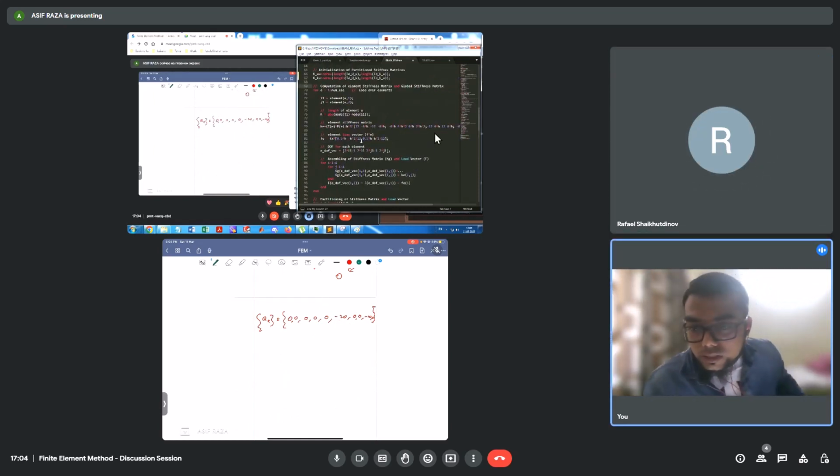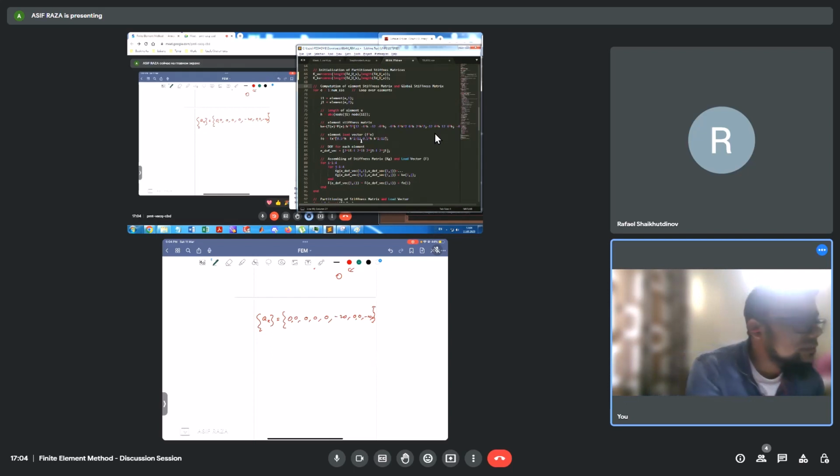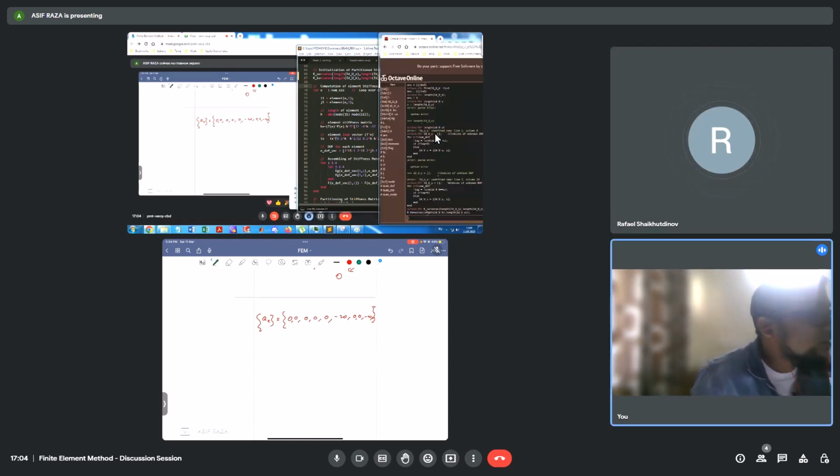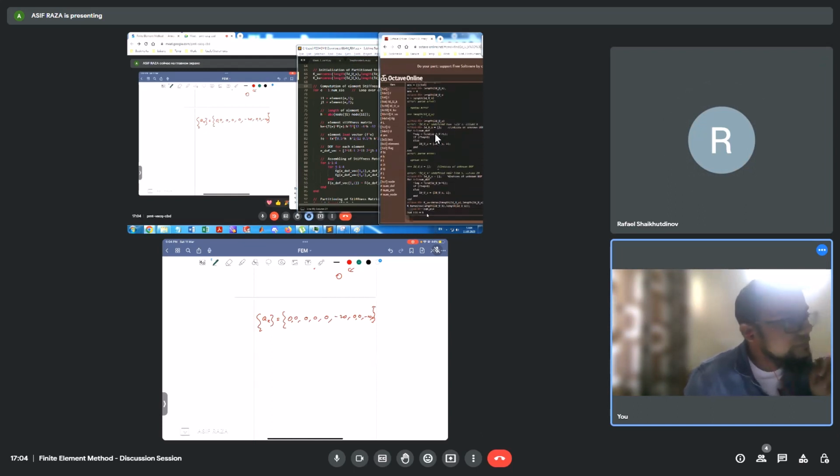Okay, now the computation of element stiffness matrix and global stiffness matrix. So for element stiffness matrix, for line number 70, we are iterating over each element. So first element, from 1 to the number of elements we have, right? Yes, the number of elements we have is 6.